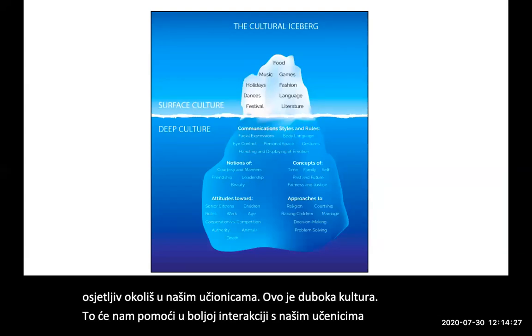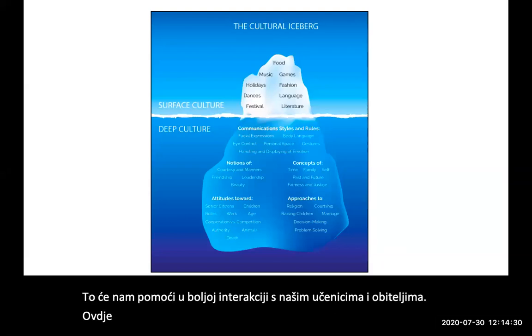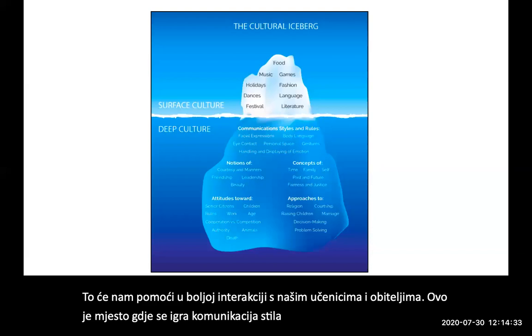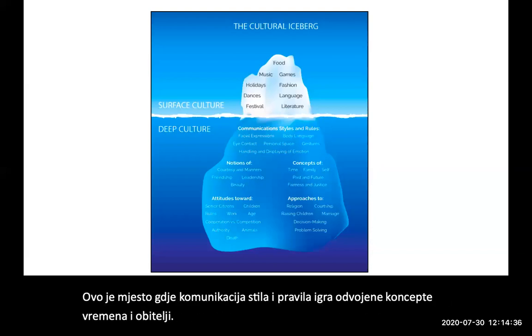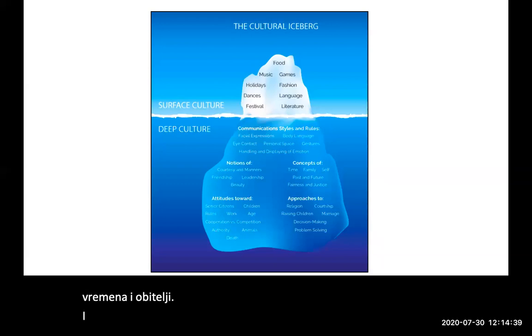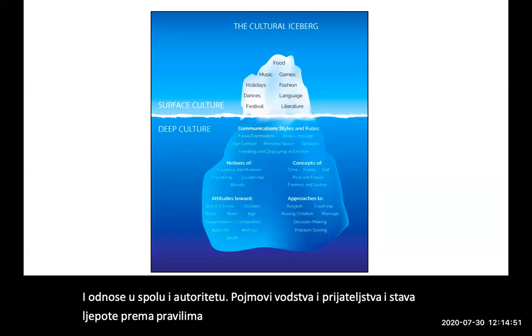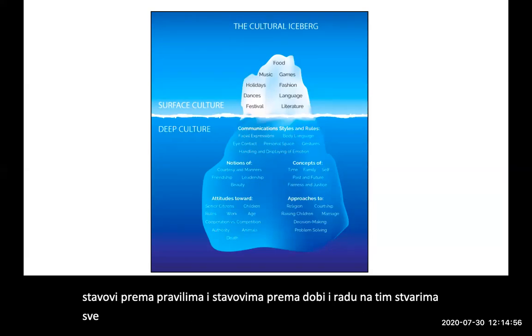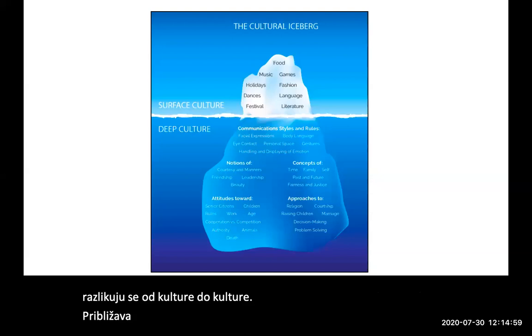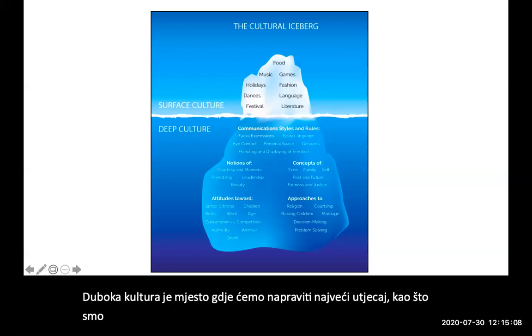This is where communication style and rules play a part, concepts of time and family, relationships in gender and authority, notions of leadership and friendship and beauty, attitudes towards rules, and attitudes towards age and work. These things all differ from culture to culture. Approaches towards marriage and religion and raising children. Deep culture is where we're going to make the biggest impact as we're getting to know our students and our families.